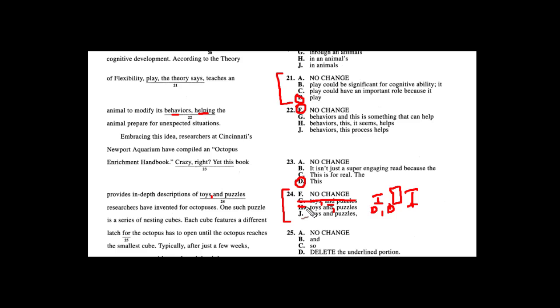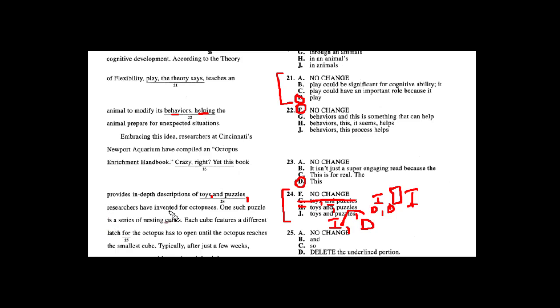Now, if you take a look at answer choice J, there's a comma after puzzles. So let's check and see if the first part is independent. Yet, this book provided in-depth descriptions of toys and puzzles. That is an independent clause, all right? There's a comma, and now remember, abandoned boxcar tells us if we have a dependent clause on the back end, that should be a mini definition of the word that comes right before it.